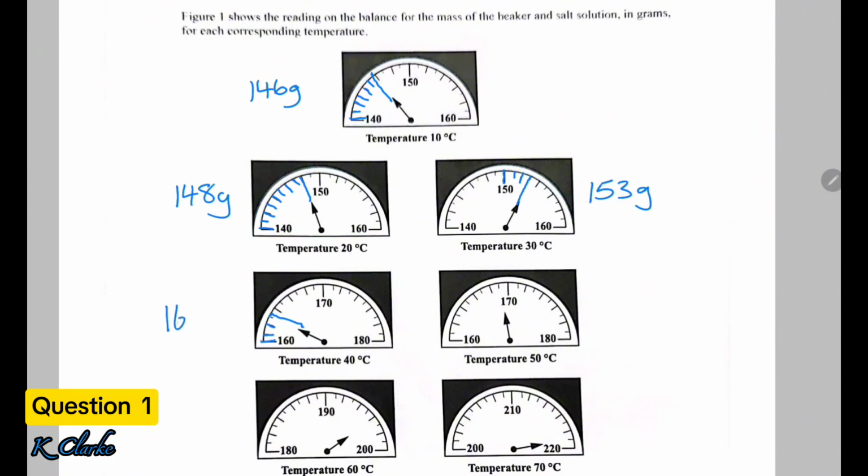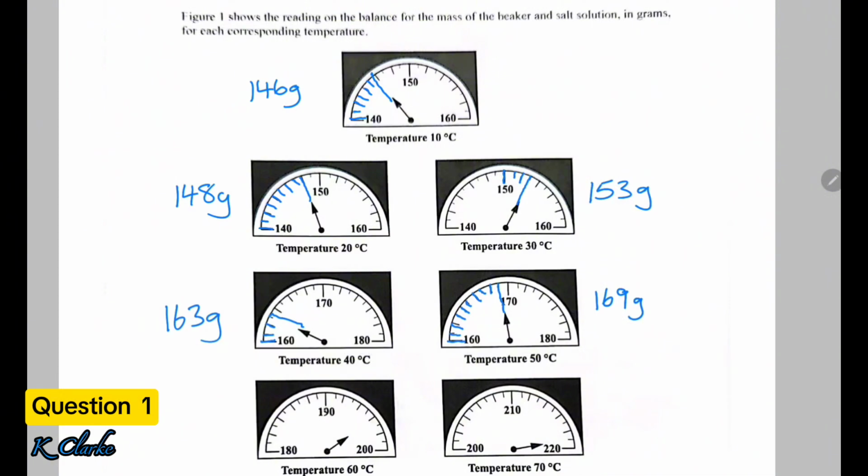So that's 163 grams at 40 degrees Celsius. At 50 degrees Celsius, this is 160, 161, 162, 163, 164, 165, 166, 167, 168, 169. So at 50 degrees Celsius, it's 169 grams.